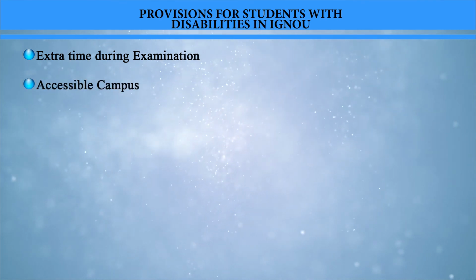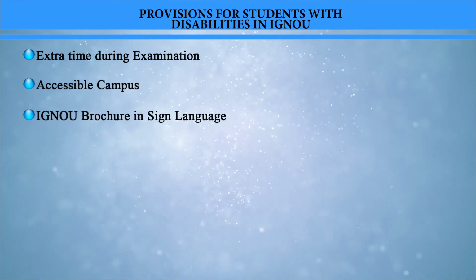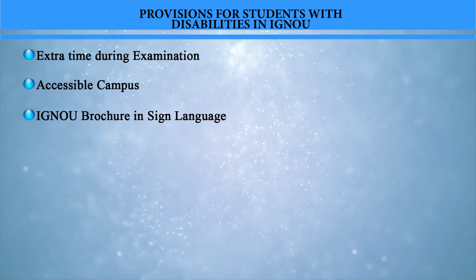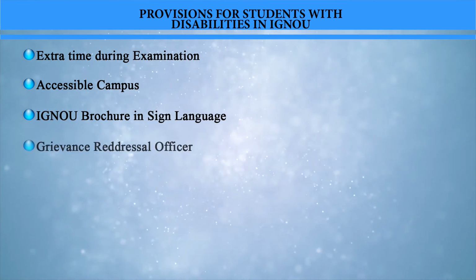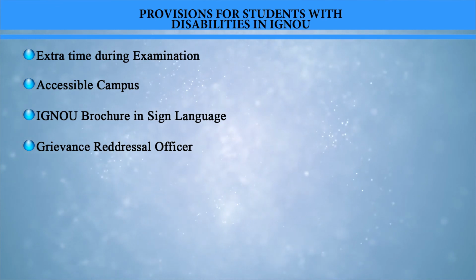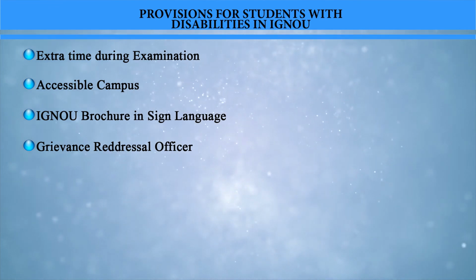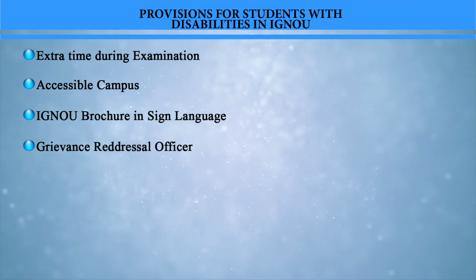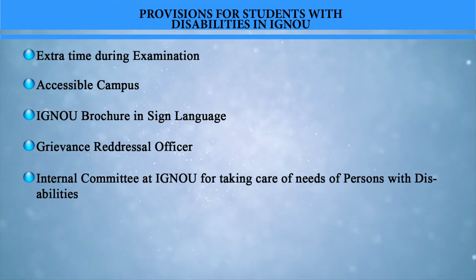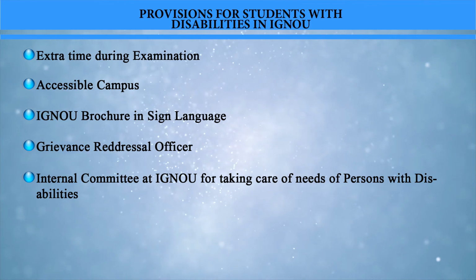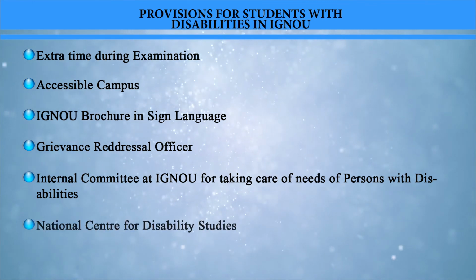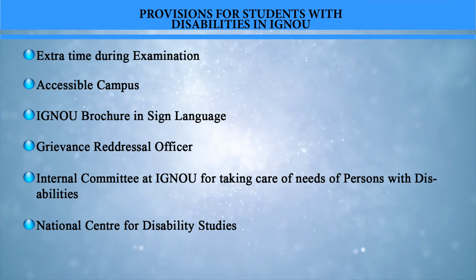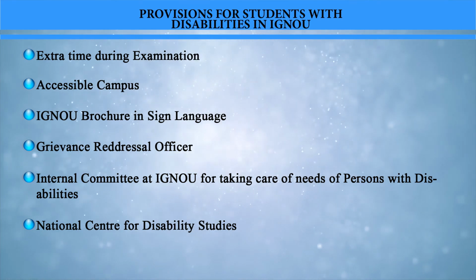An accessible campus is there. The IGNOU brochure is available in sign language for learners who are deaf. We have a grievance redressal officer in the university for the grievances of students with disabilities, an internal committee at IGNOU for taking care of the needs of persons with disabilities, and the National Center for Disability Studies that provides support to students with disabilities.